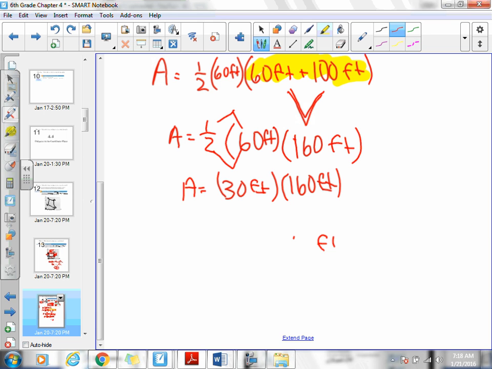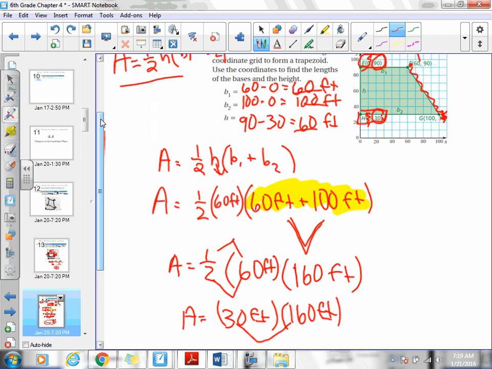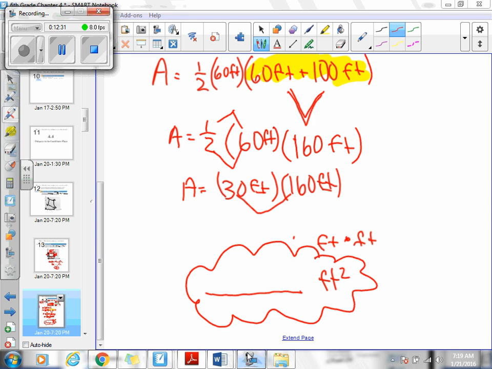All we have left to do is to multiply 30 feet and 160 feet. This is area, and we're taking feet times feet, so feet times feet means feet to the second power. And then 30 times 160, well, my calculator is broken, so that's your job right now. All right, 30 times 160, put it on your calculator, fill this in, and that will tell us the area of that.